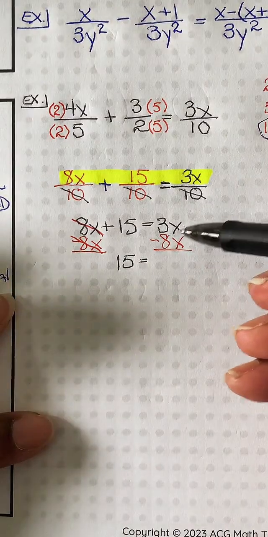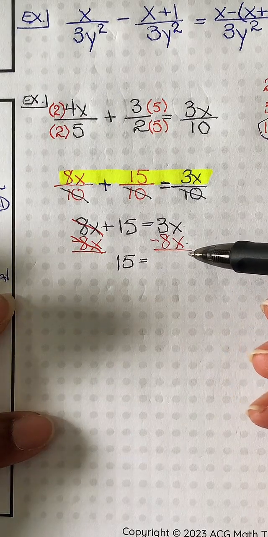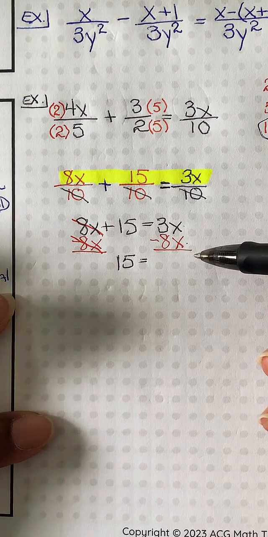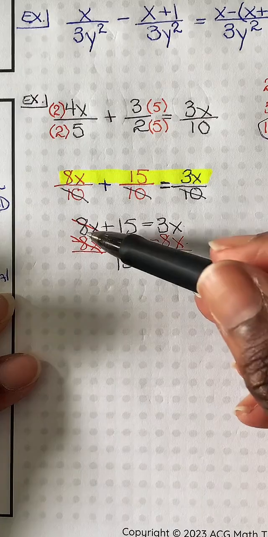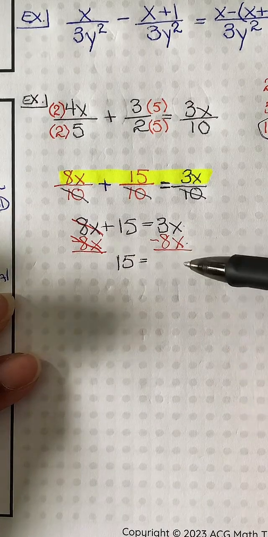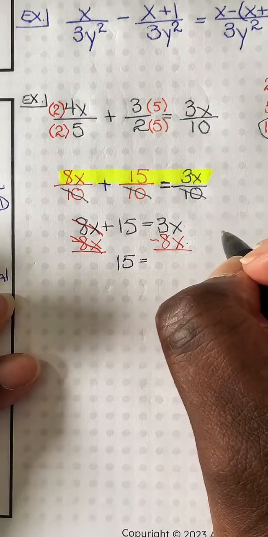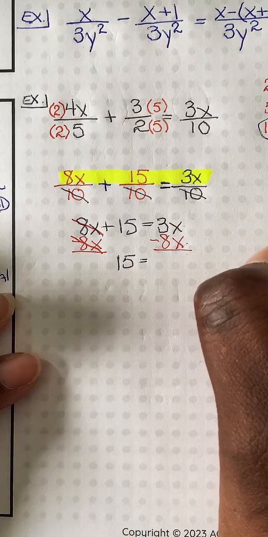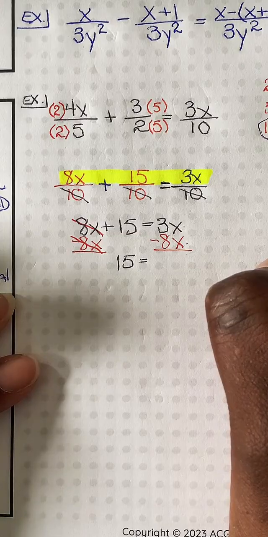So now 3x minus 8x will give me what? You always do the inverse when you're solving, Gary. So if they give you a positive 8x, you have to do the opposite, which is minus 8x. So 3x minus 8x, Amy, Derek, good. You had to multiply the numerator by 10 to cancel out the fraction.